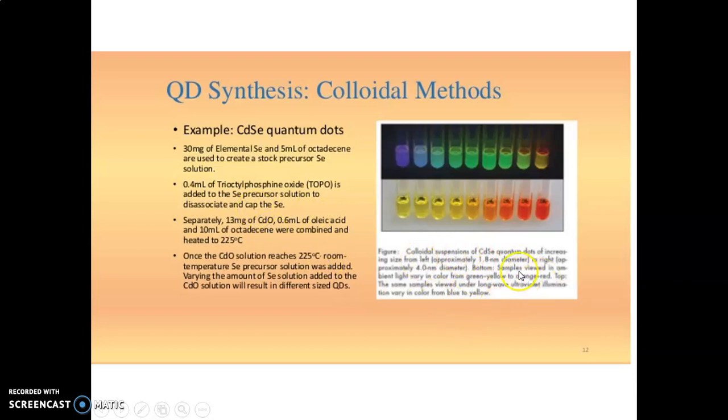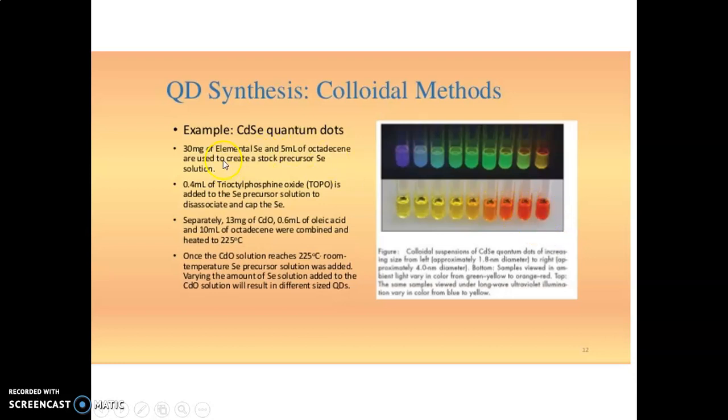Bottom samples viewed in ambient light vary in color from green to yellow, yellow to orange, orange to red. The top samples viewed under long wave ultraviolet illumination vary in color from blue to yellow, then green to yellow, then orange to red.